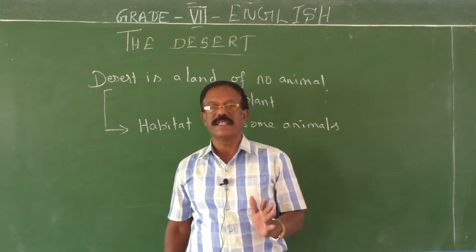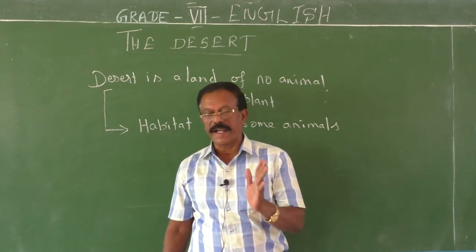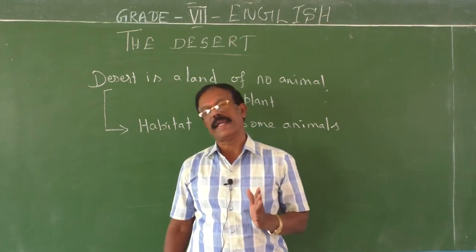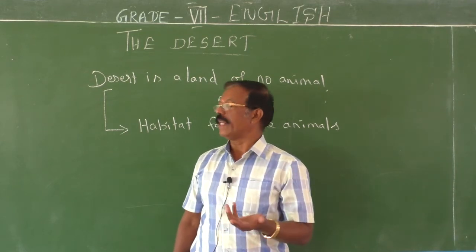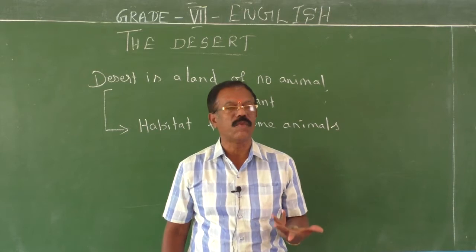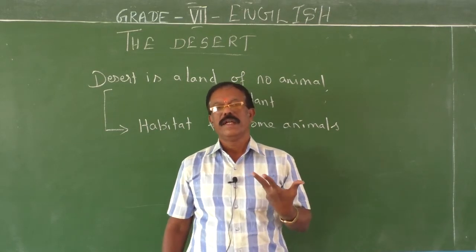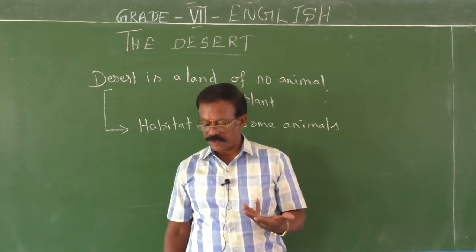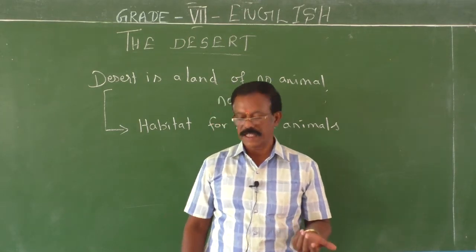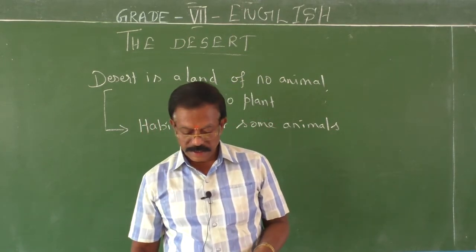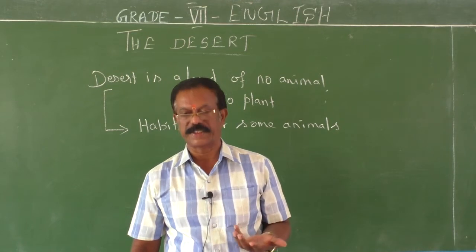They can live on scanty water. In the same manner, the plants found in other areas require more water for their growth, but the desert plants can survive on less water.